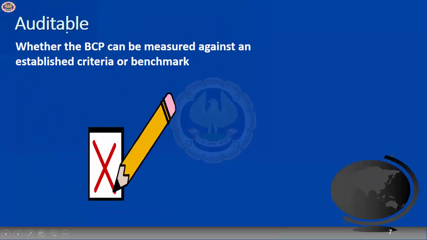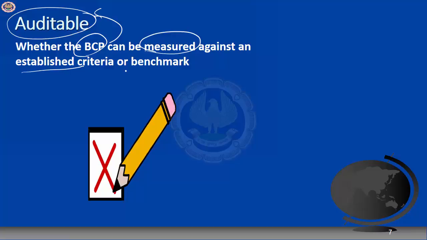When you're auditing BCP, you're looking fundamentally at whether it's auditable. If a BCP in place is not auditable, it's not really implementable. When it's auditable, you can actually measure it against established criteria or a benchmark.